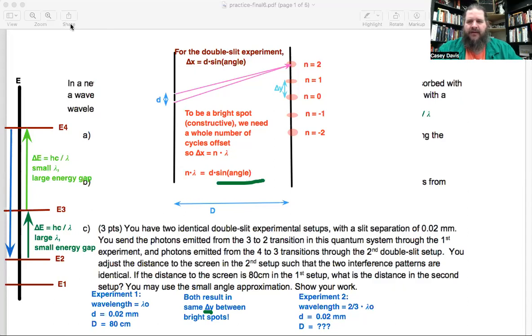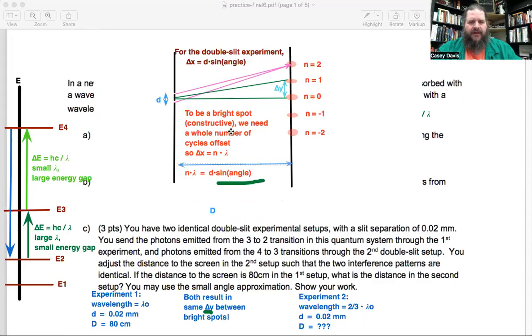Yeah, if we make that comparison, the d sine theta is going to be very closely related to this. Specifically, if we draw out another triangle, let's say this triangle, is it tangent of theta equal delta y over D?